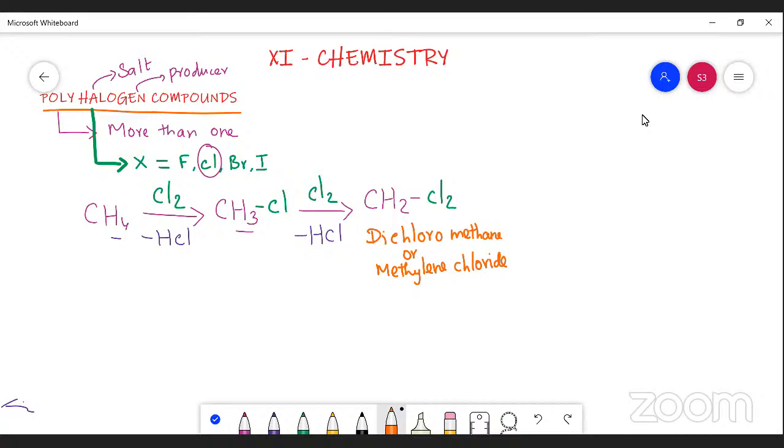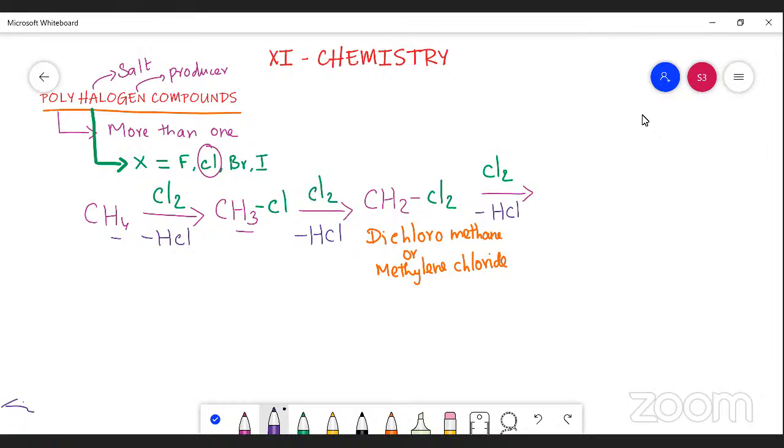And on further chlorination, what will happen? So listen here, it is treated with chlorine. Again, in the same way, hydrogen from CH2Cl2 and chlorine from Cl2 gas is removed as HCl. Then what do we get?